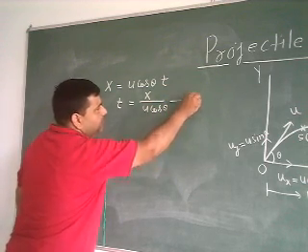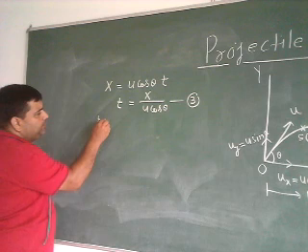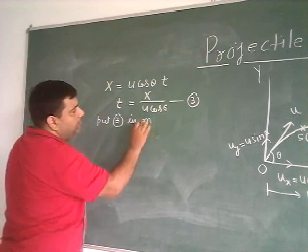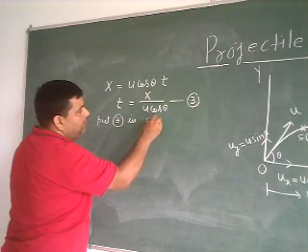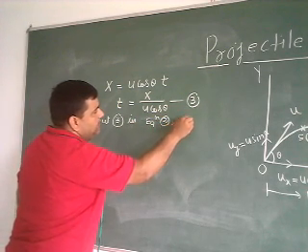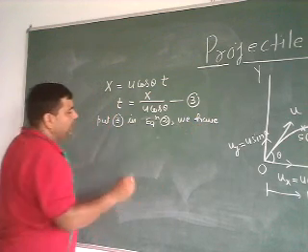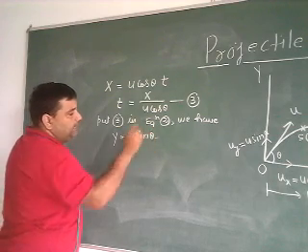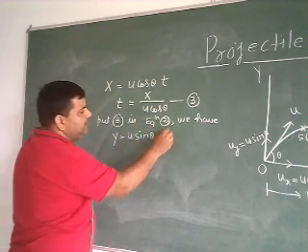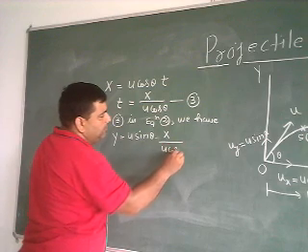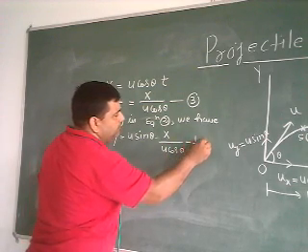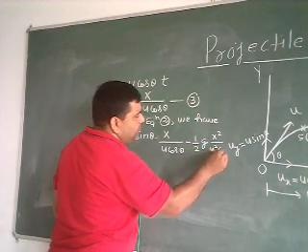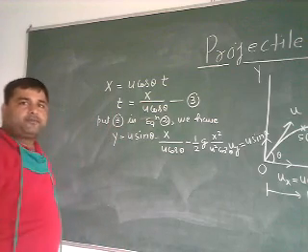Suppose this is equation 3. Put this equation 3 in equation second. My equation second is y is equal to u sin theta into t. Put t as x upon u cos theta, minus half g t square, which is x square upon u square cos square theta.